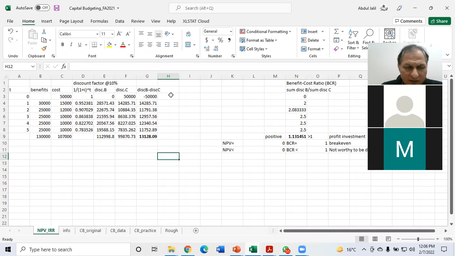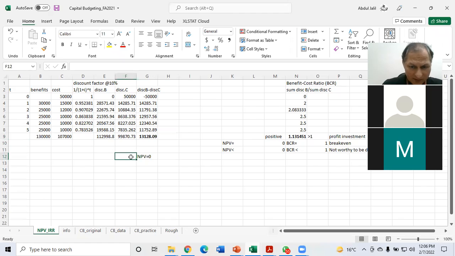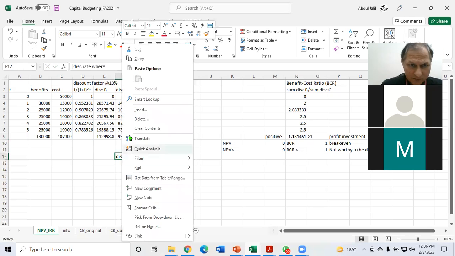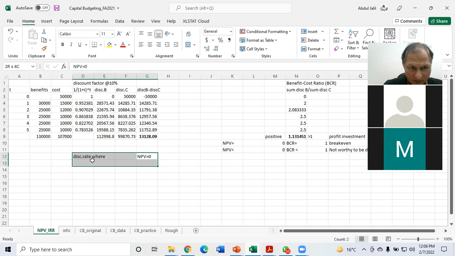Now you have this value, and last time I mentioned that whenever you find your net present value, if NPV is exactly equal to 0, at what discount rate do you get this NPV equal to 0?